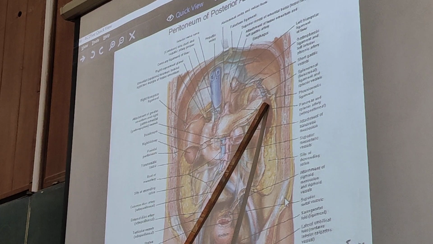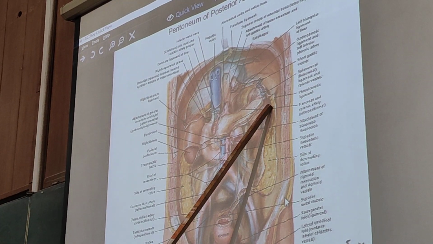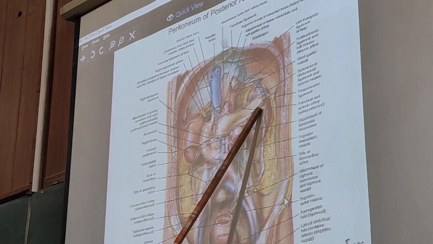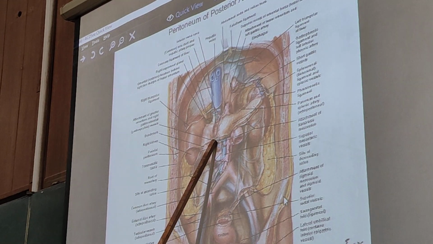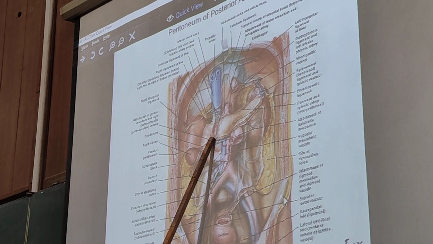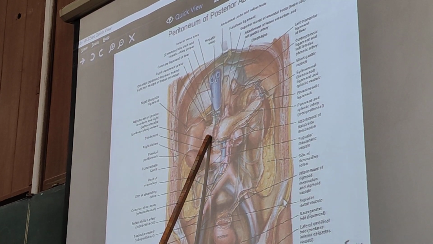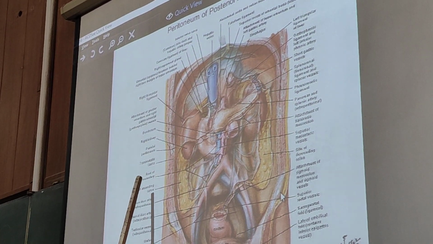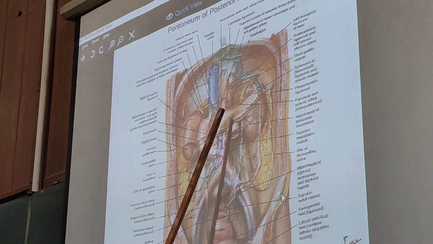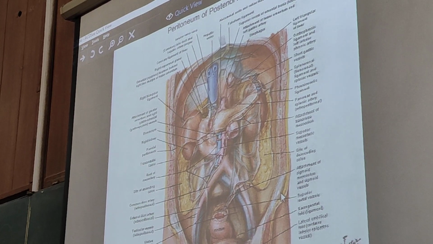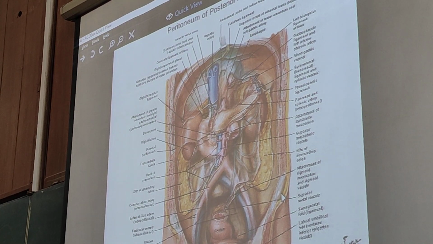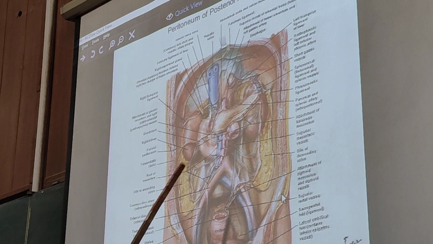Then reach the kidney, make the lienorenal ligament, and then join to the transverse colon. So here again, face the duodenum, cover the duodenum. Is it clear? Yes. So all of these parts that I mentioned to you are the bed of the stomach or bursa omentalis.